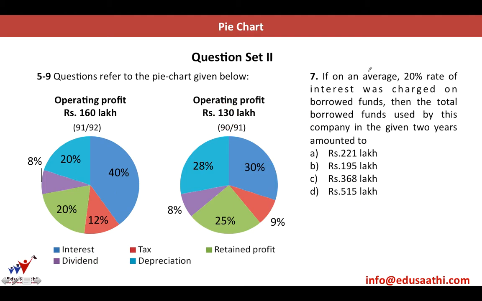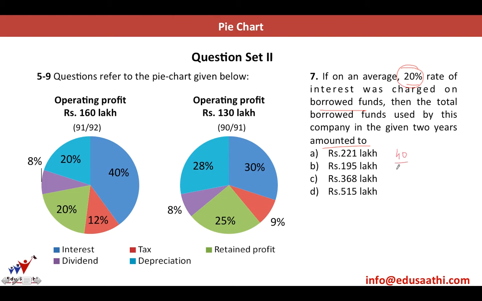Question number 7. If on an average 20% rate of interest was charged on the borrowed funds, then the total borrowed funds used by this company in the given 2 years amounted to how much? So I know that the rate of interest was 20%. Let's first calculate what was the total interest in these 2 years.